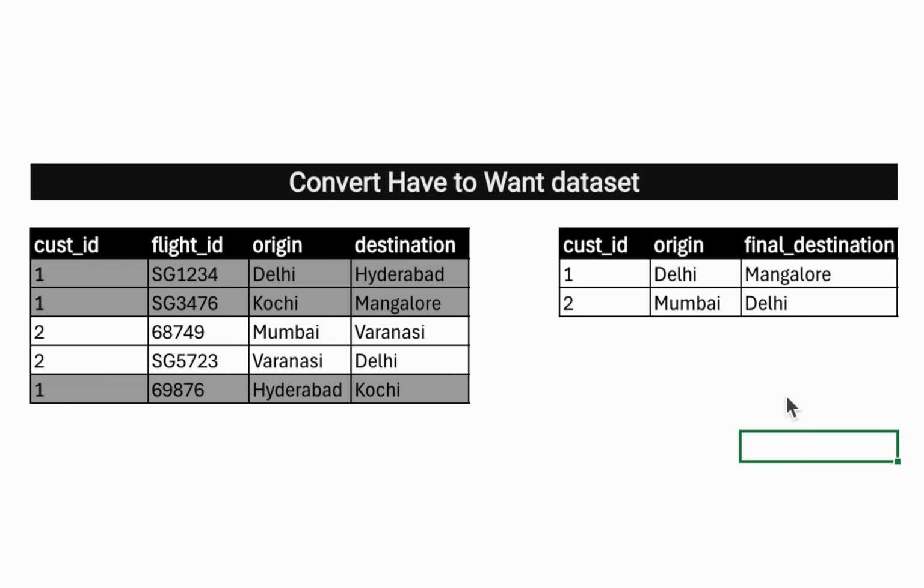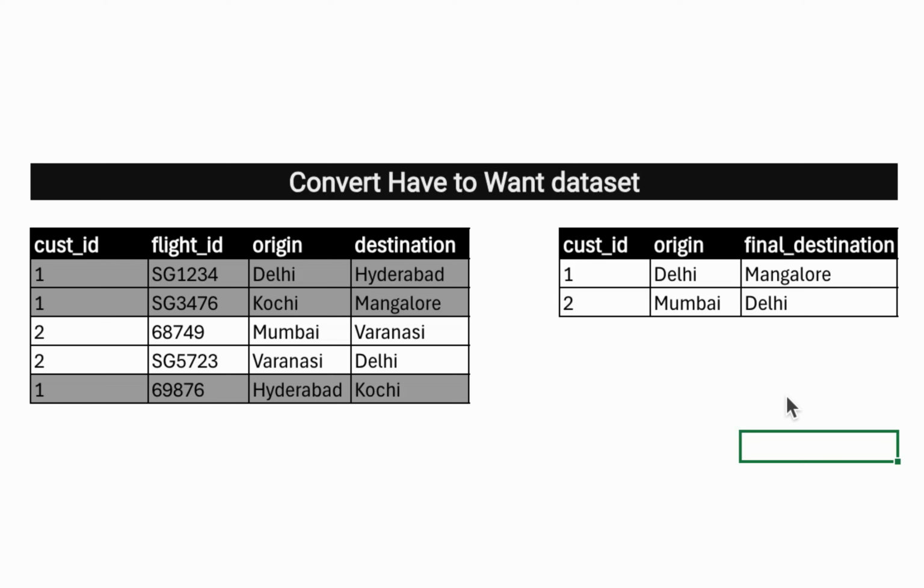That means if you look into these three highlighted rows, in this customer ID is 1, and for the first row customer ID 1, this customer is going from Delhi to Hyderabad. Now if you look into the last row, then the same person is going from Hyderabad to Kochi, and then if you look into the second row, this person is going from Kochi to Mangalore.